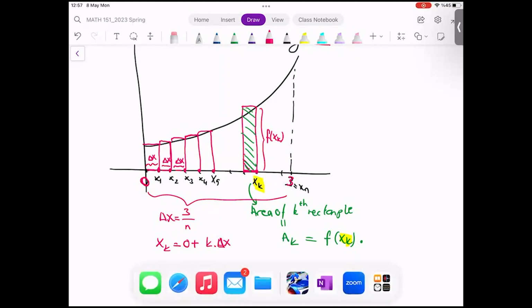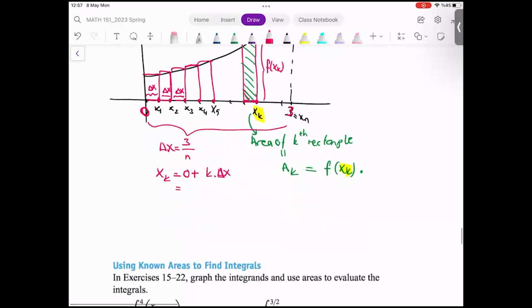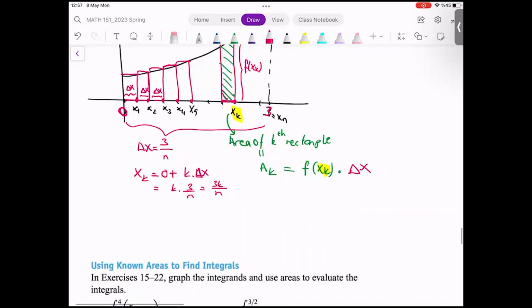So the formula for xk is k times 3 over n, so 3k over n. Okay, so let's also put xk here. This is the expression for the area of the kth rectangle. It is given by f of xk, being 3k over n, times delta x. Delta x is 3 over n, the length of each subinterval.